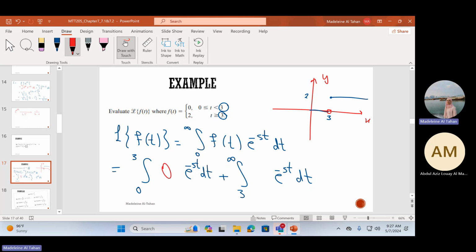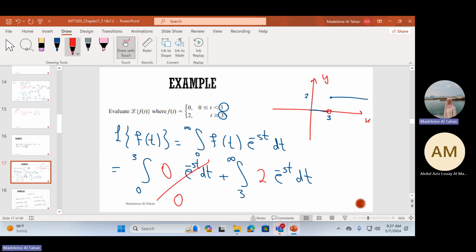And the function after 3, what's the value for it? 2. The integral of 0 is what? So this one is 0, right? Yes. So still we need to evaluate which part, Miss? The last part.